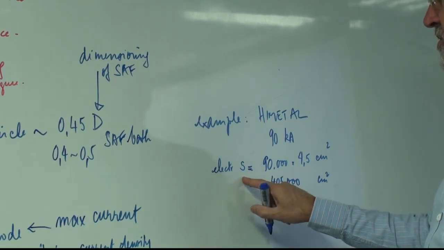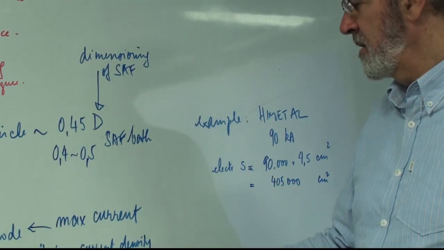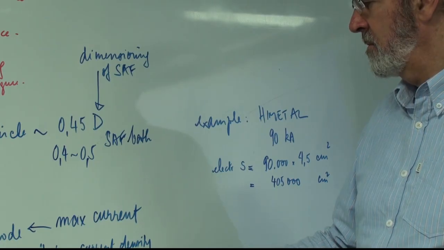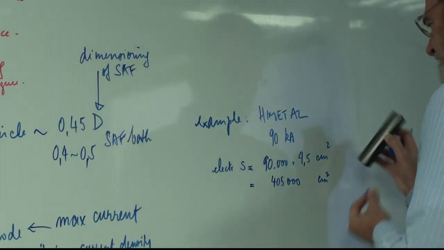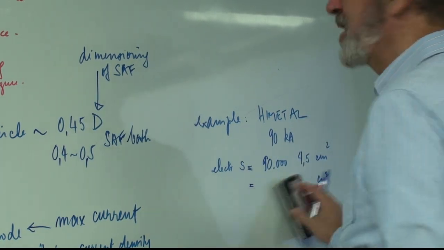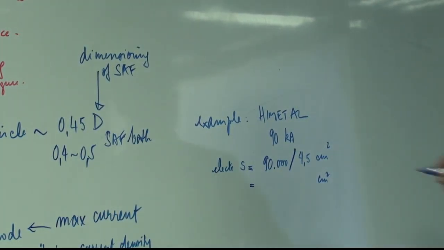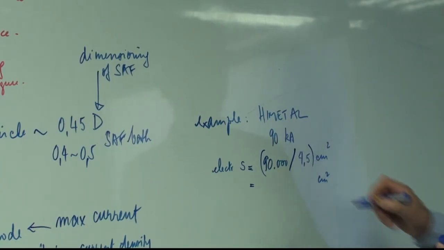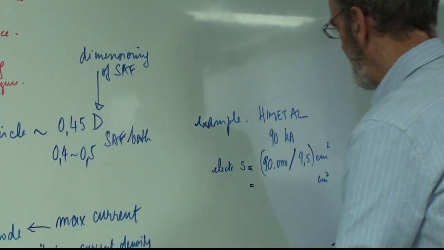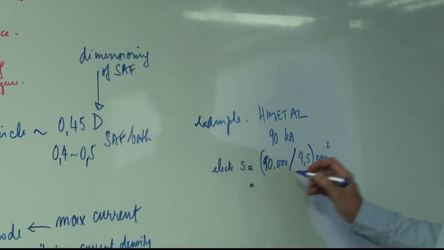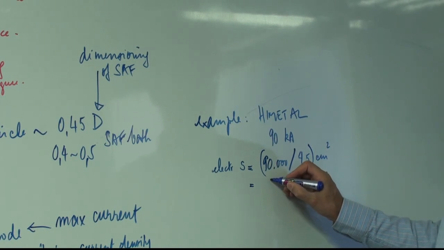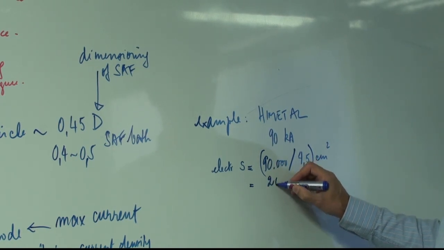The surface is the current over the density. And this is simple then, because it is about 20,000.